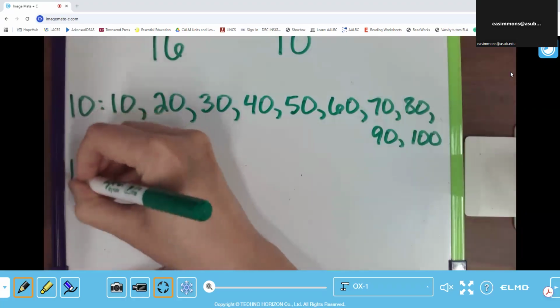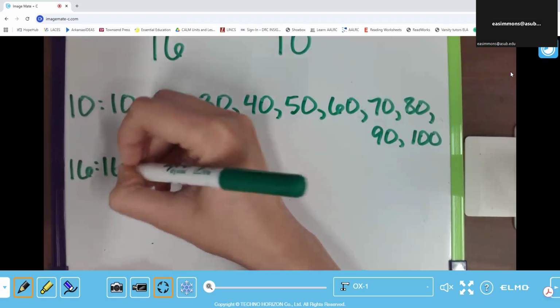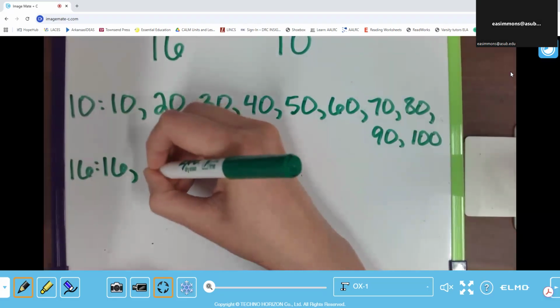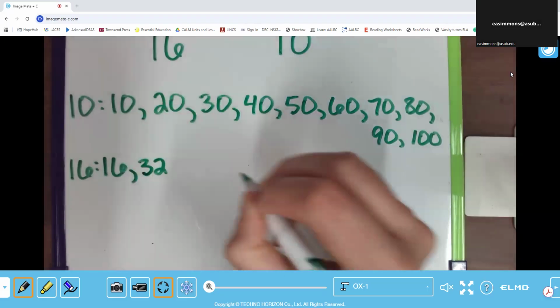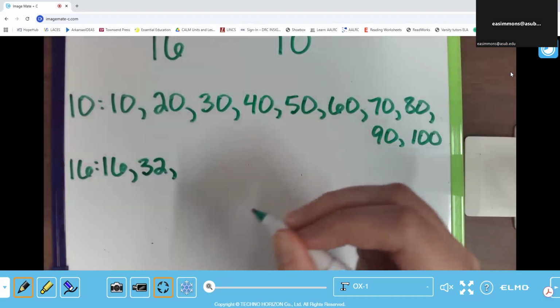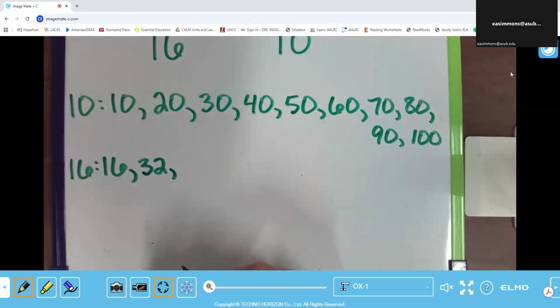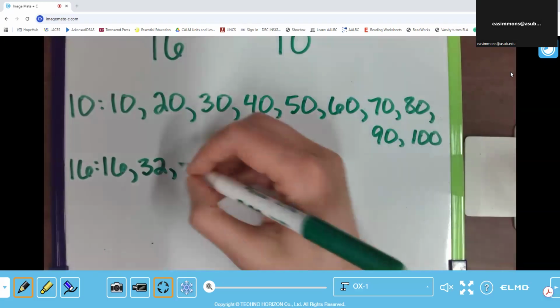Then for 16, we've got 16 times 1 is 16. 16 times 2, and I don't have a match. 16 times 2 is 32. 16 times 3 is 48.